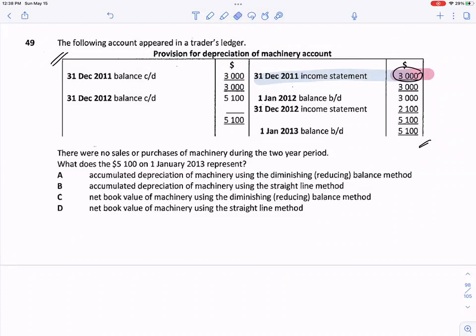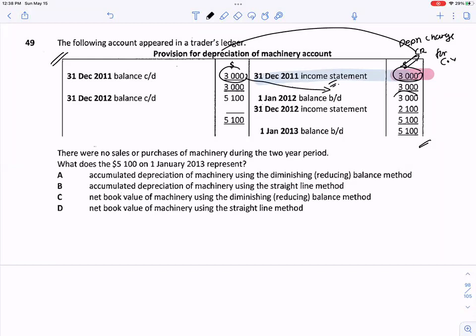The depreciation, the provision that is transferred to income statement. This means depreciation charge for the current year. If income statement is debited, provision for depreciation is credited. That means depreciation charge for the current year. Then this same depreciation we bring over here.